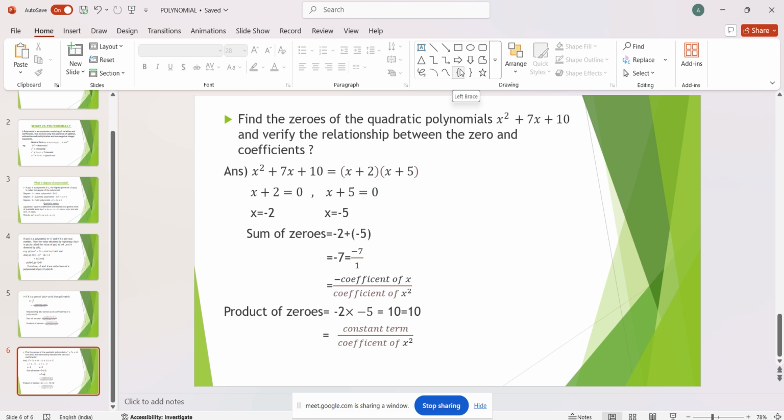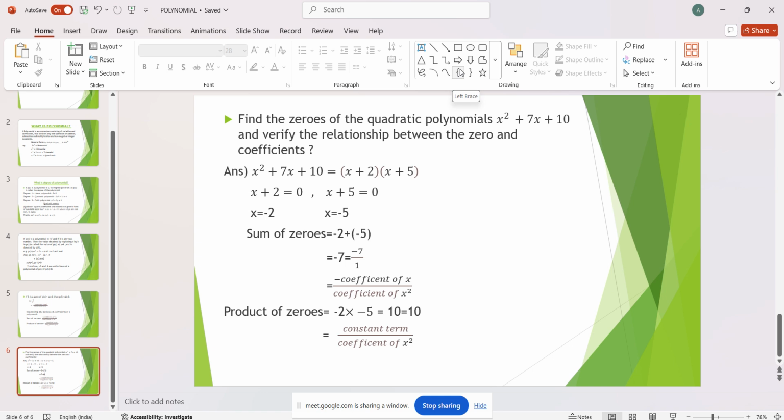You may think 1 and 10. 1 and 10 multiply to 10, but the sum is 11, so that is not possible. Then 5 and 2: 5 into 2 is 10, and 5 plus 2 is 7. So that is correct.